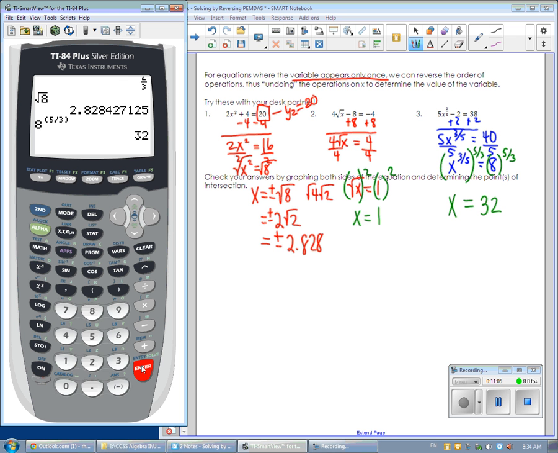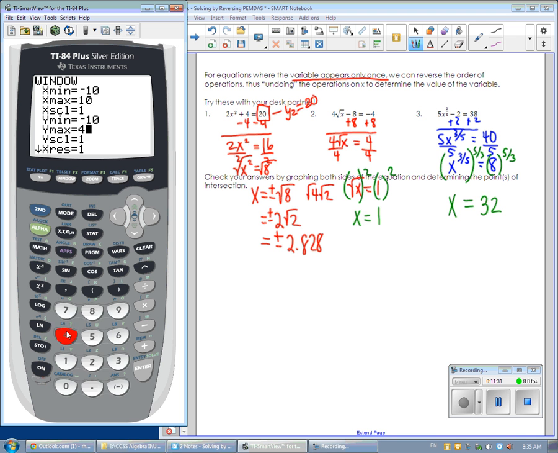Okay, and if I graph this on my calculator, then I know I'm going to have 5x raised to the 3/5 minus 2. And then I have another equation at 38. Now, I know right now that since I have a y value of 38, I need to adjust my window so that it goes at least to 38.